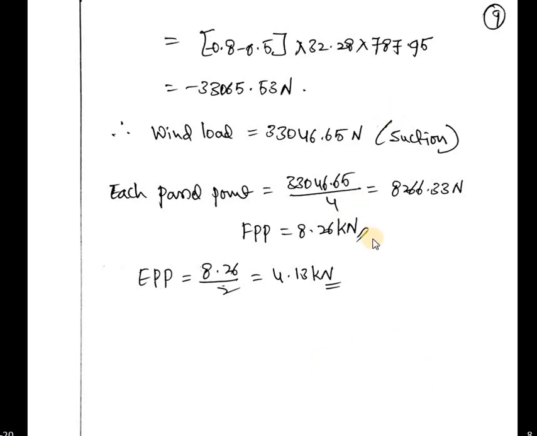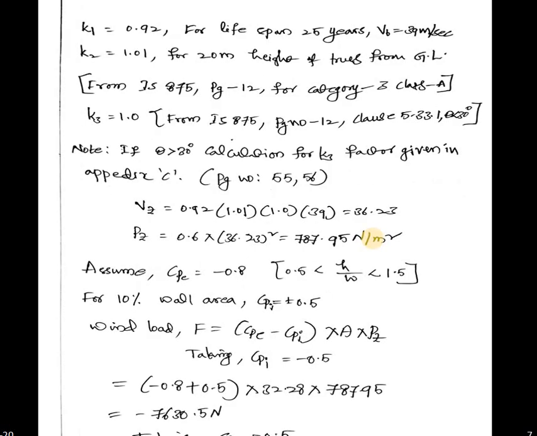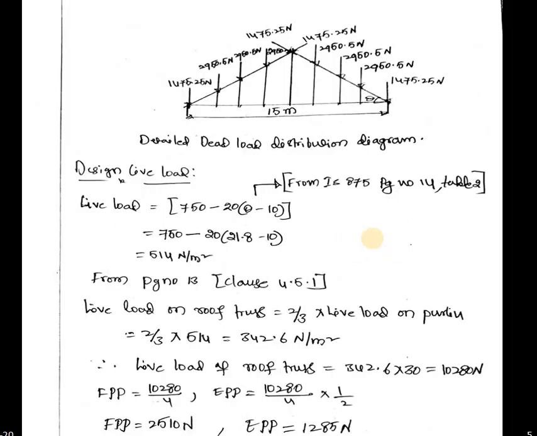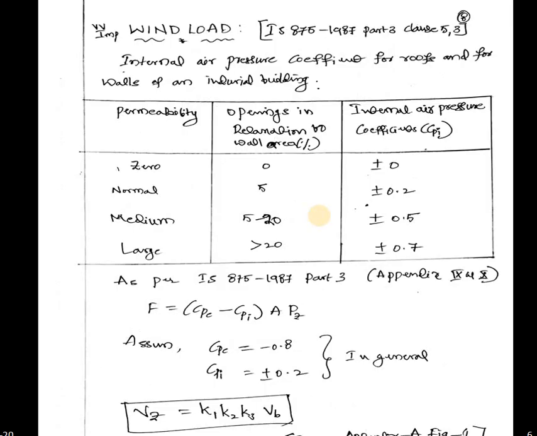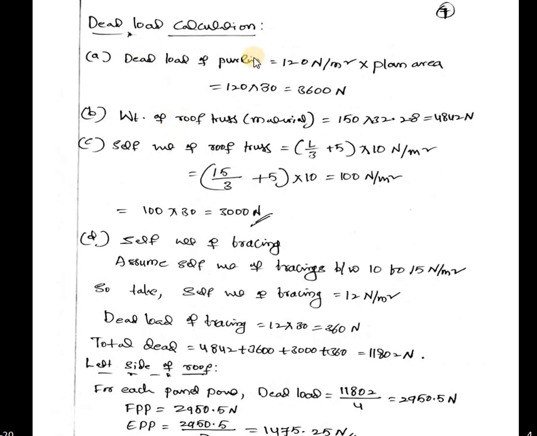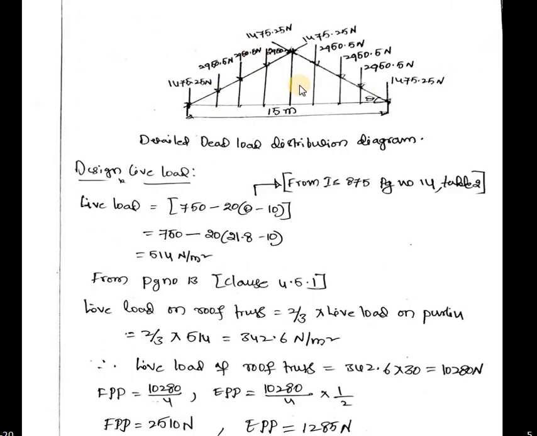Okay guys, if you get a question like determine dead load for a given roof truss, then your problem is till here only. This is a dead load calculation. After that, this diagram is enough.